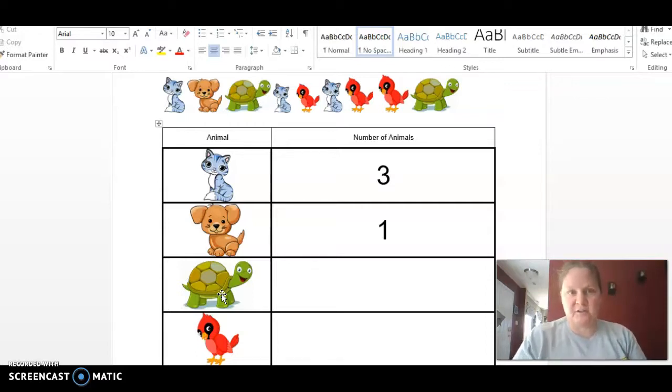How many turtles did we find out we have in our class as pets? Okay. So what number am I going to write? Good. And where do I write it? Yeah, I'm going to put it right here. Here's my turtle. So in the row with turtles, in the next part, I'm going to write a 2 because we had 1, 2 turtles.